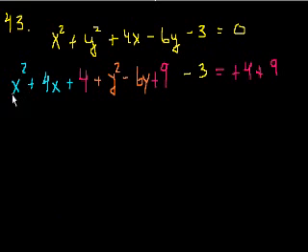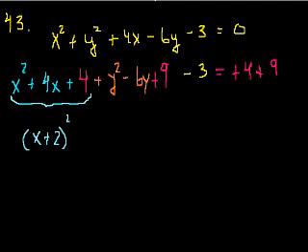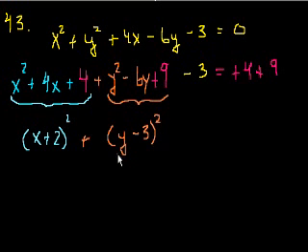Now let me rewrite this. I added this plus 4 here for a reason, so that I could make this into x plus 2 squared. And I added this plus 9 here for a reason, so I could make this y minus 3 squared. And let me just keep the minus 3 there for now.